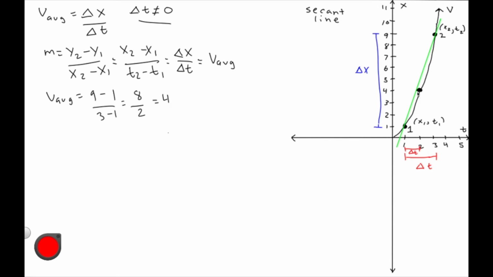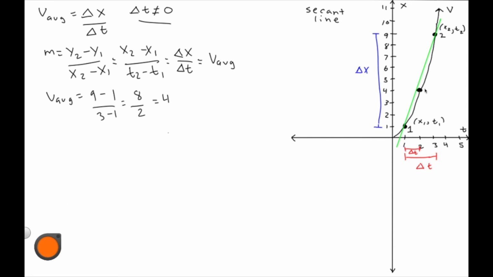So now we have a new x sub 2 and a new t sub 2, right? Because point 2 is now moving closer to point 1. So now we have a new point 2. Let's draw it in orange.